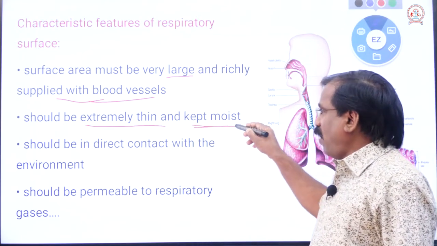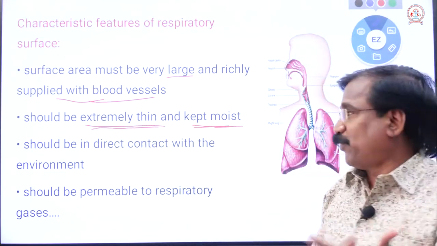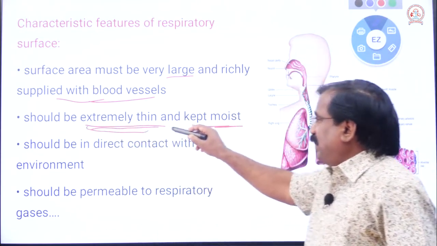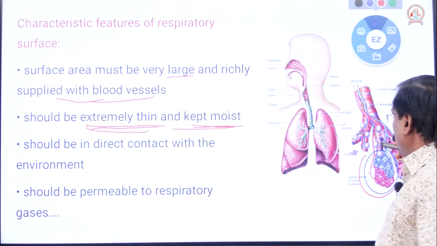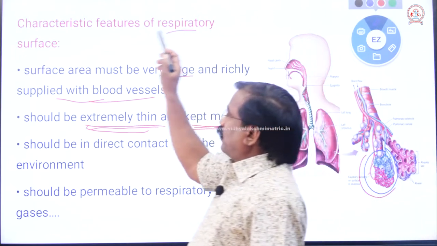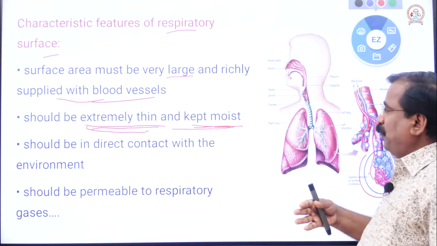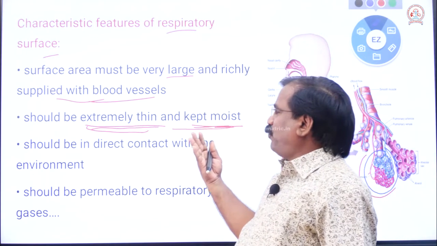So it should be moist and extremely thin. There is an adjective there: it should be extremely thin and kept moist. So the alveoli, the respiratory surface, understand? We are looking at the respiratory surface, where respiration, the exchange, takes place, and it should be extremely thin and kept moist.